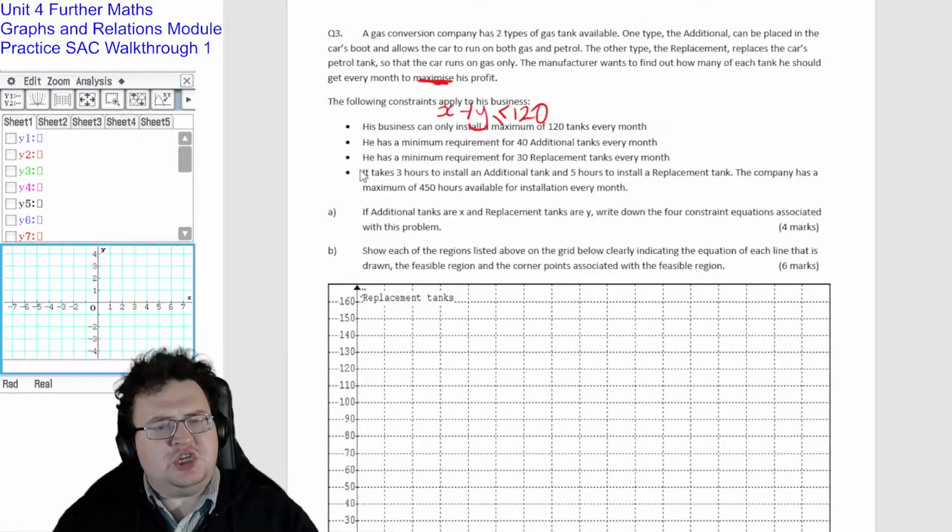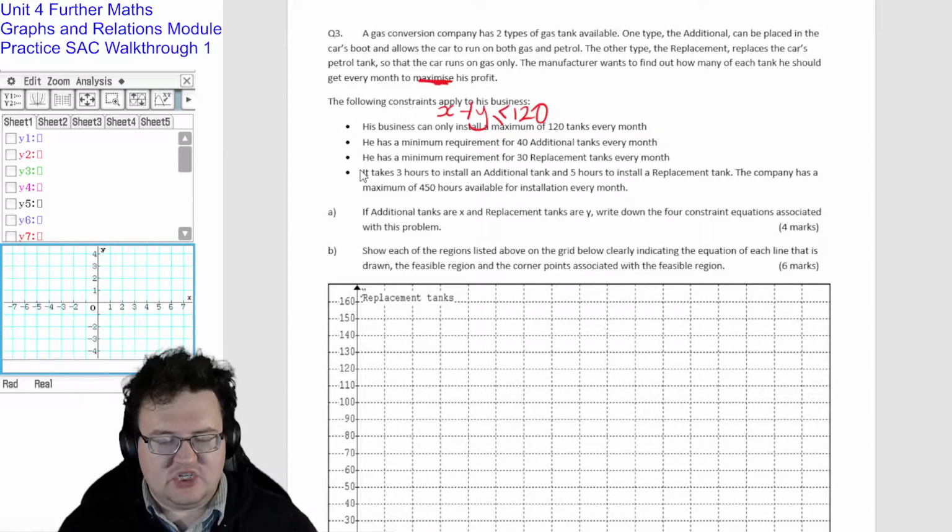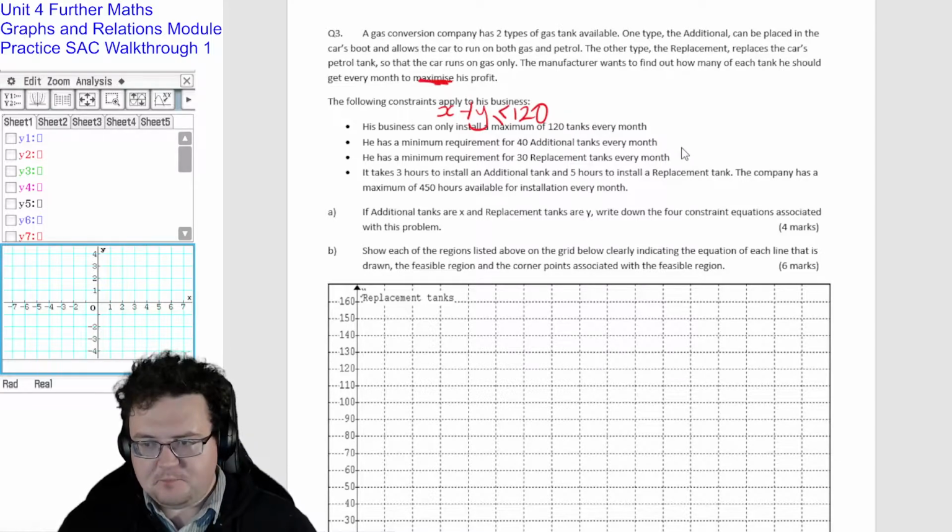He knows just generally based on the demand that he's got, he has minimum requirements. So he has to have a certain number of tanks in stock ready to go. And he knows that he has a minimum requirement of 40 additional tanks a month and 30 replacement tanks each month.